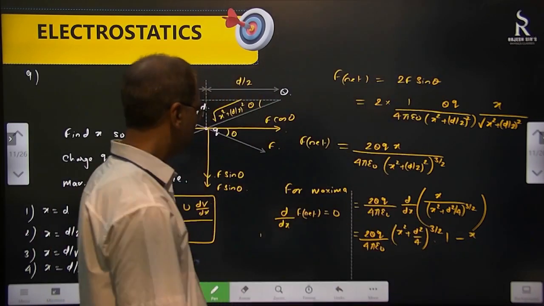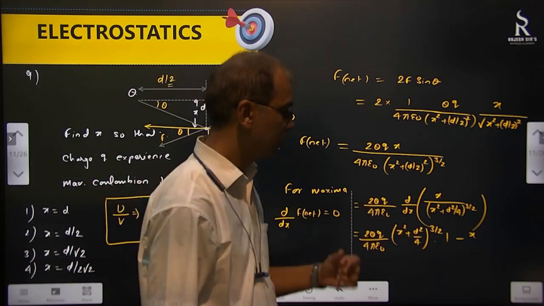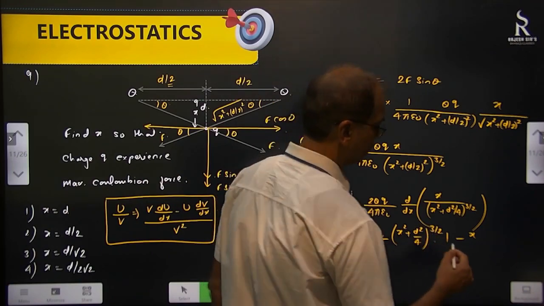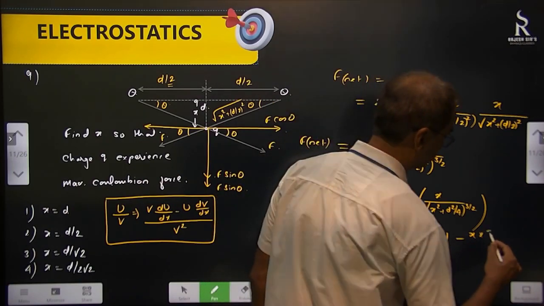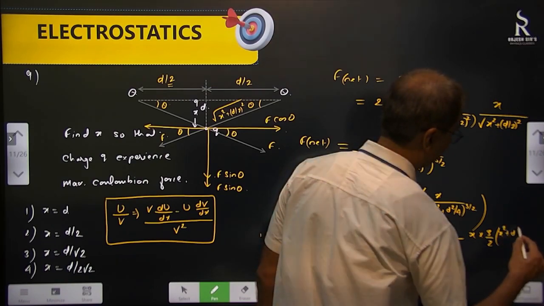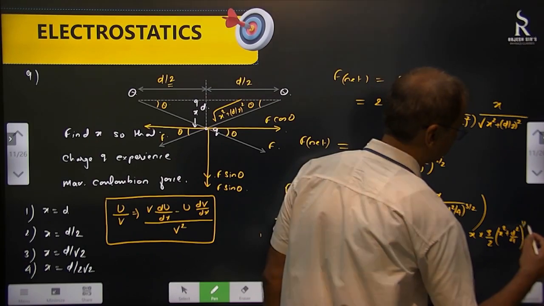Then differentiation of v with respect to x. That means differentiation of this. Okay. So its differentiation will be what? First, the power 3 by 2, x square plus d square by 4, to the power 3 by 2 minus 1, that is 1 by 2.